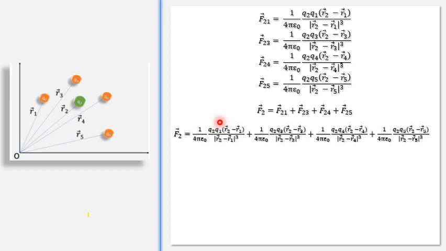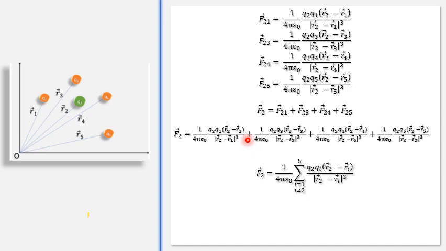And so to shorten it up, we use the mathematical symbol of summation. So this equation can also be written in this fashion, because in these 4 terms we have 1 by 4 pi epsilon 0 being repeated, Q2 is repeated, R2 is repeated.